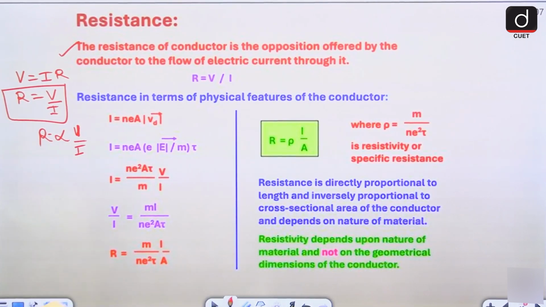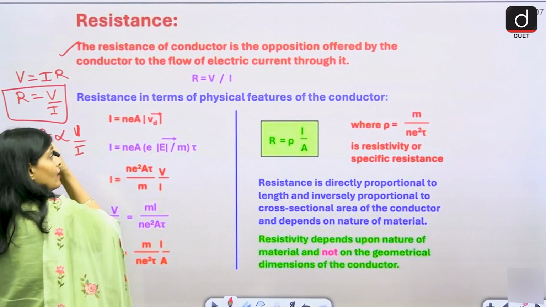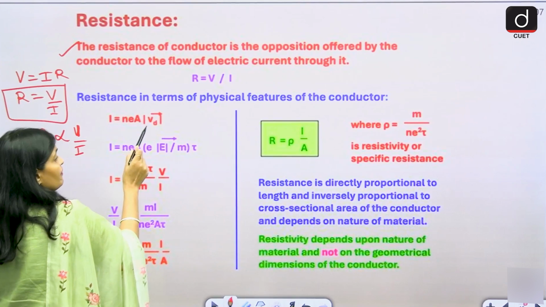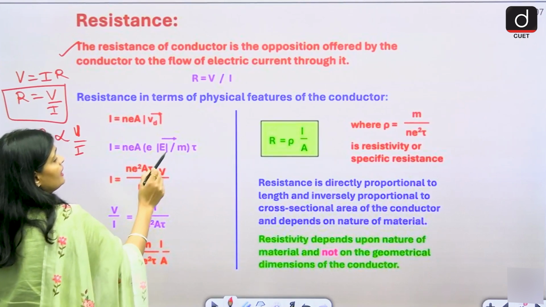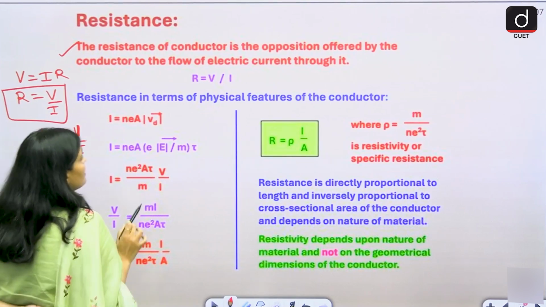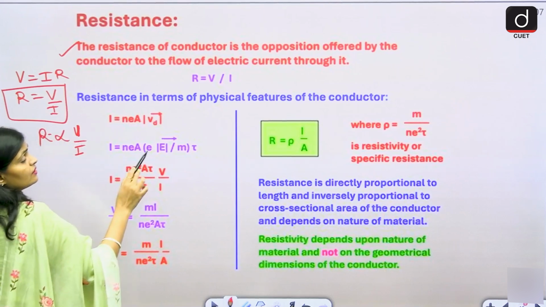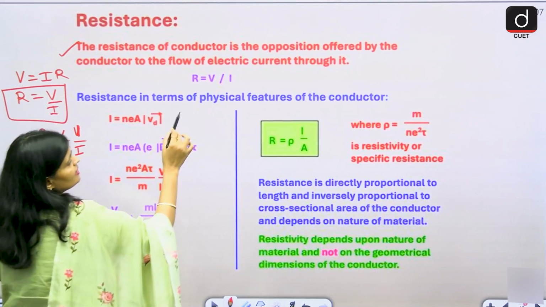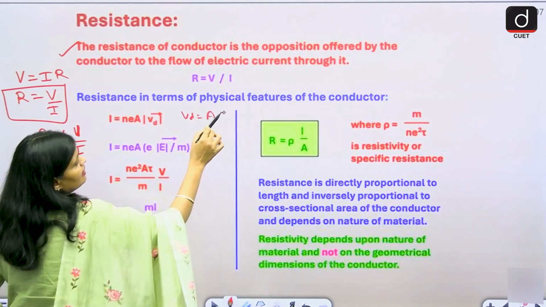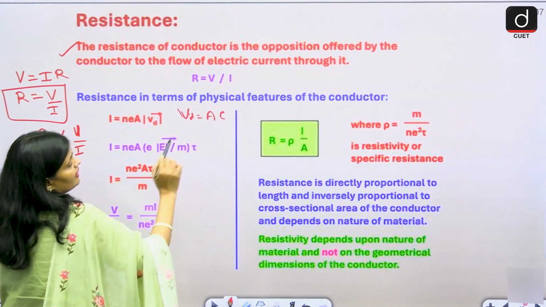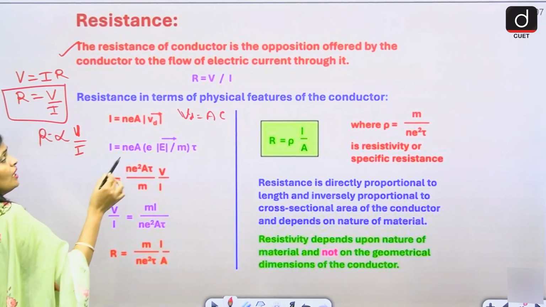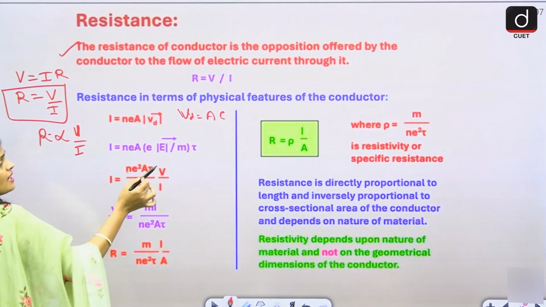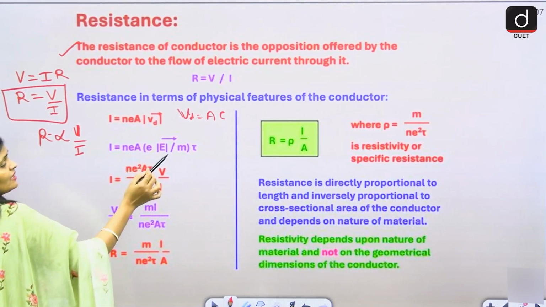Now current का formula we have already calculated, n e A vd. In place of vd we can also write eE m by tau. Okay. Now this, what is this? eE by m tau. This is your vd, because vd is equal to what? e E tau by m. यही तो था ना हमारा vd. In place of E you can write this value. अभी यहाँ से आप क्या करेंगे? n e square A tau by m, right? And what is this E?